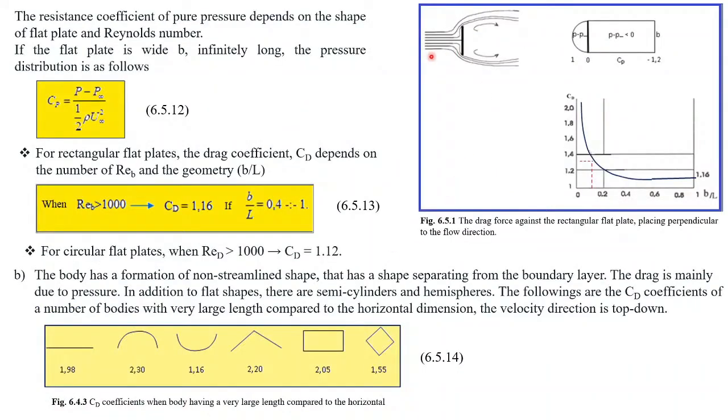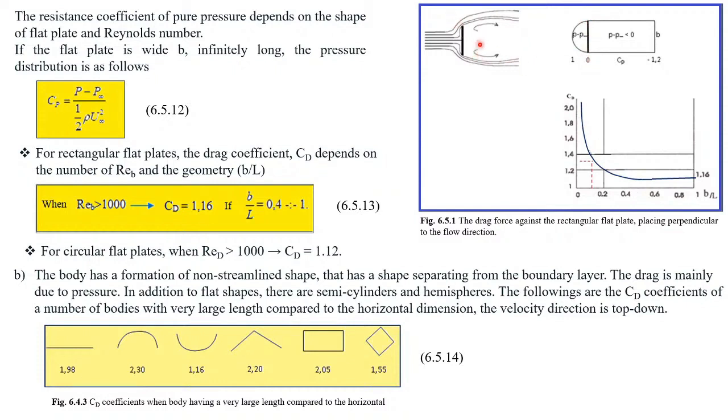You see here, if the flow is normal to the area, we get the pressure here. And this is the distribution of the pressure. Maximum at the center, and zero at both outsides, here.